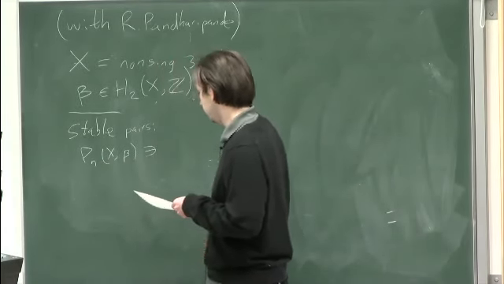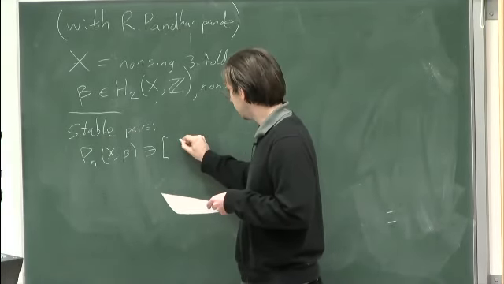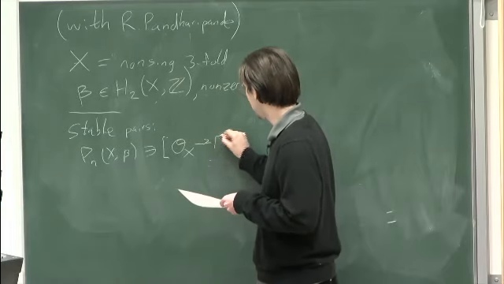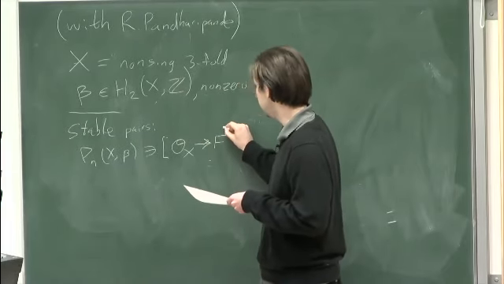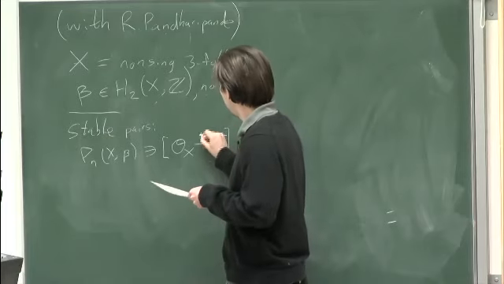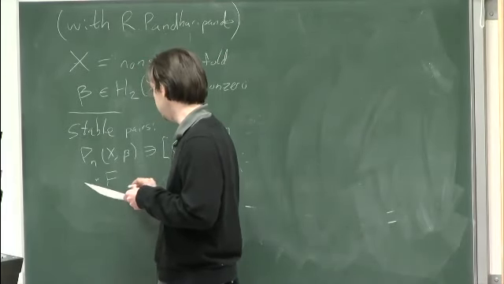A point in this moduli space is a morphism O_X to F, where F here is also a sheaf on X. And just a few conditions: F should be a pure sheaf.